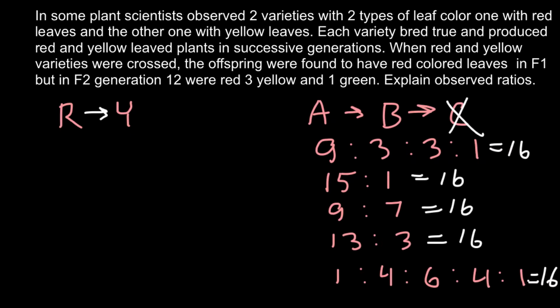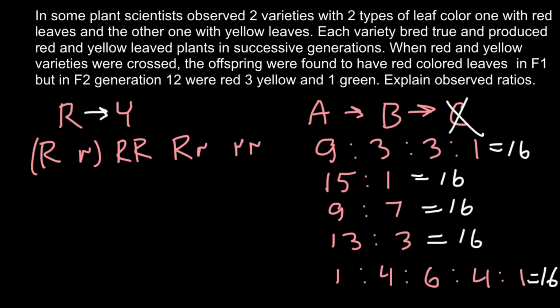So this gives us information that here we have just two genes, and these two genes, of course, in a diploid organism can make three genotypes. So dominant allele R and recessive allele r can produce genotypes capital R capital R, capital R small r, and small r small r.